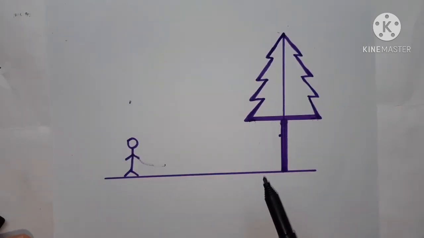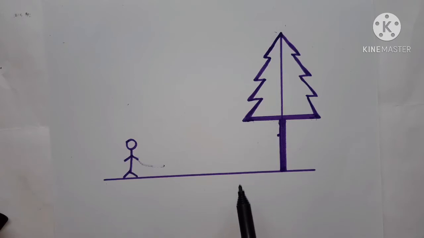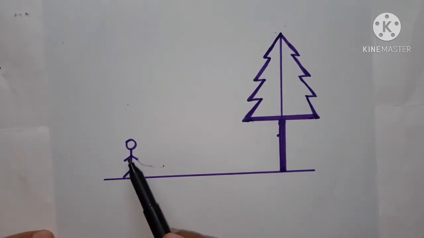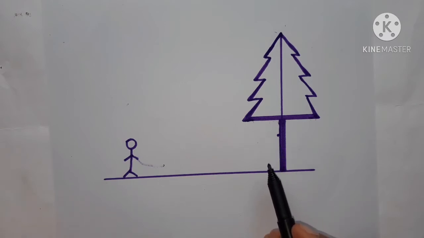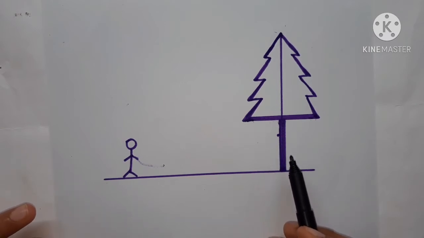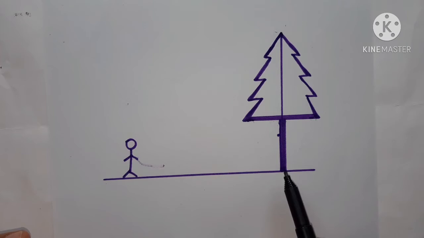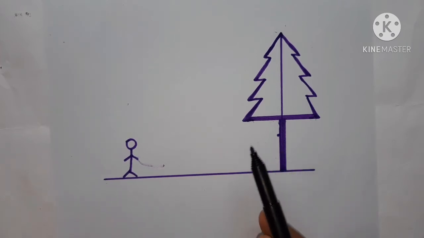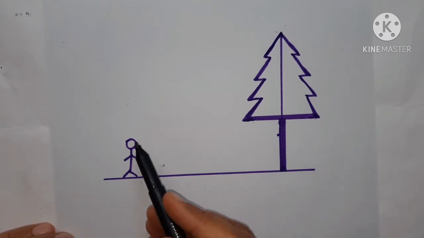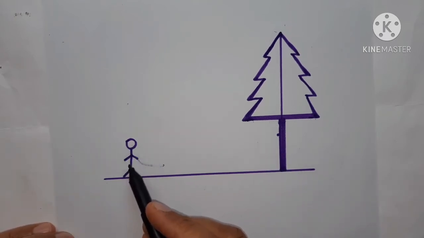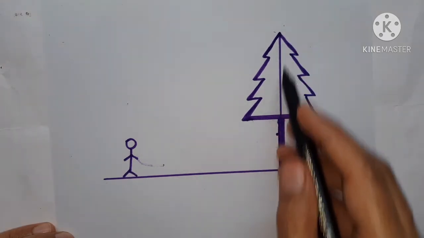Another important point I want to explain here is this type of concept: this person is standing in front of a tree. If we want to measure the height of the tree, how will we measure it? Many students make mistakes in this type of question. Let's discuss this. This is the height of the person, and this is the height of the tree.